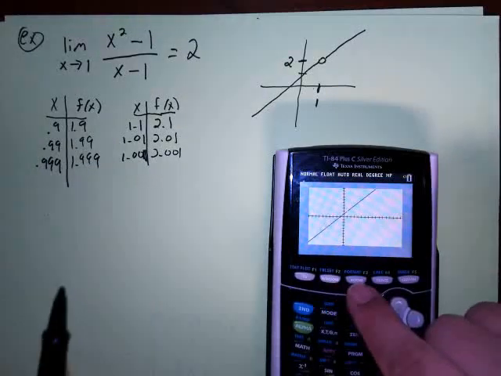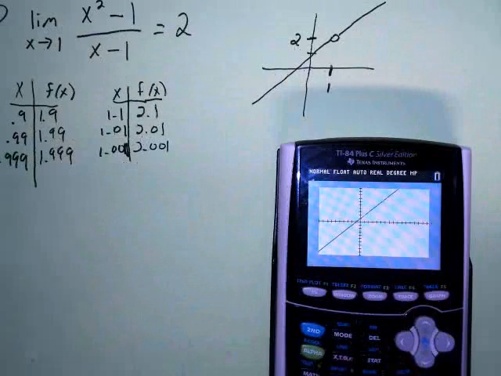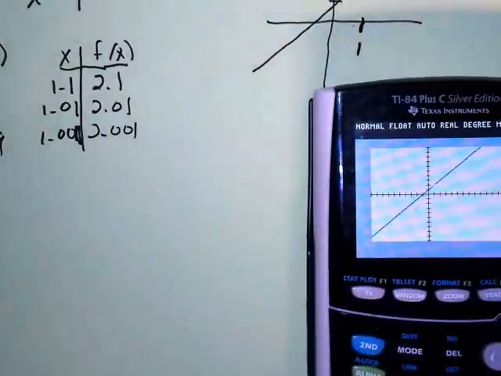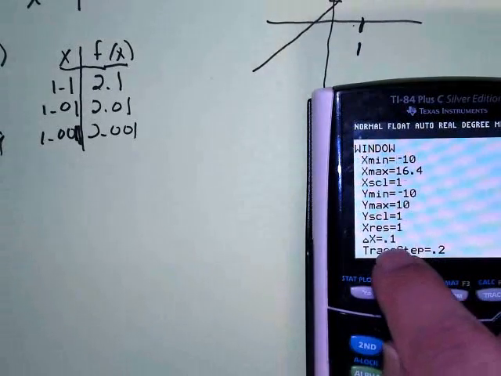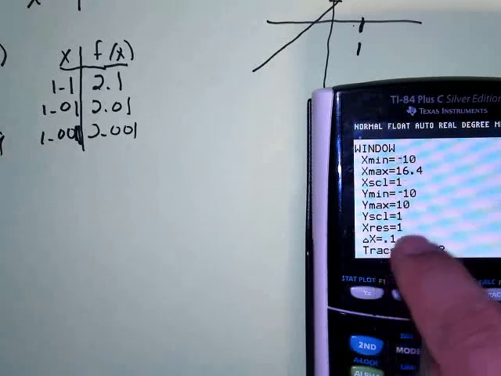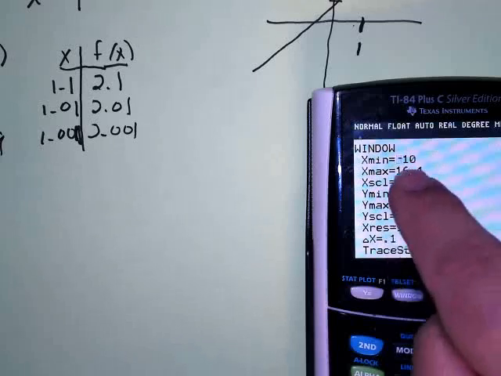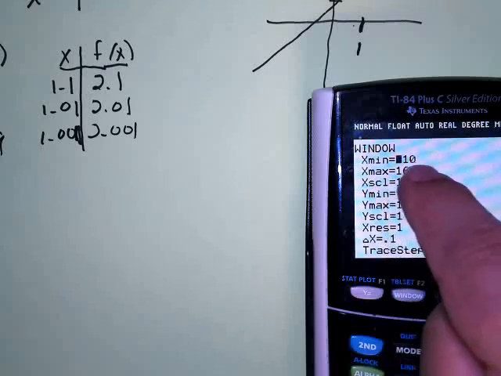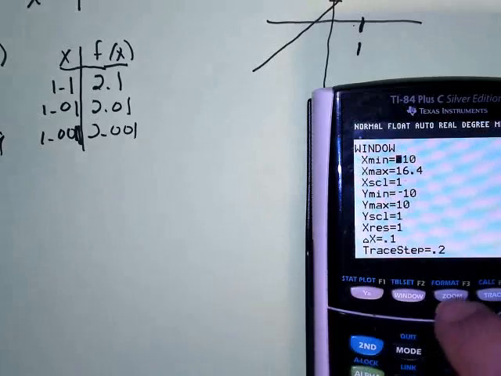So if my step instead, and I'll zoom in on this, and boy, it's hard to see. If my step instead went up by 0.1, and that actually changed my window a little bit, this went to 16.4. So if I go up by 0.1, it's actually going to land on 1 and evaluate it at 1.